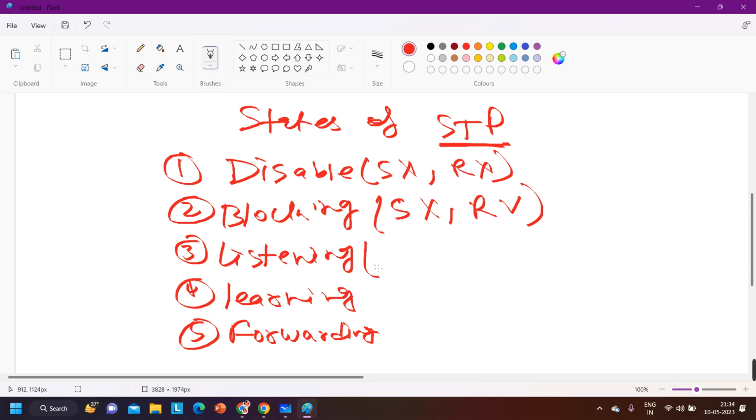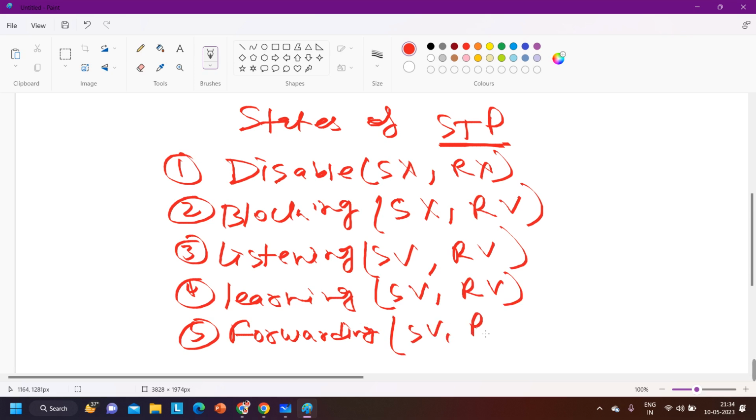In listening state we can send as well as receive BPDU. In learning state we can send and receive BPDU, and in forwarding state also we can send and receive BPDU.